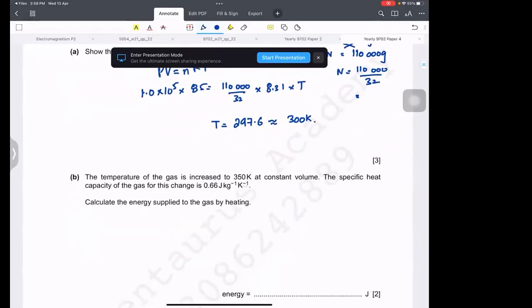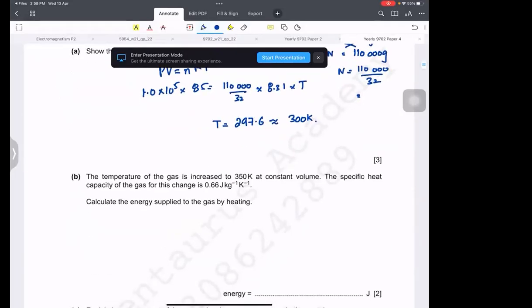Great. Now the temperature of the gas is increased to 350 at constant volume. Okay. The specific heat capacity of the gas is this. Calculate the heat energy supplied. So the change in temperature we got is 350 minus 300. So that is 50 Kelvin is the change in temperature, right?